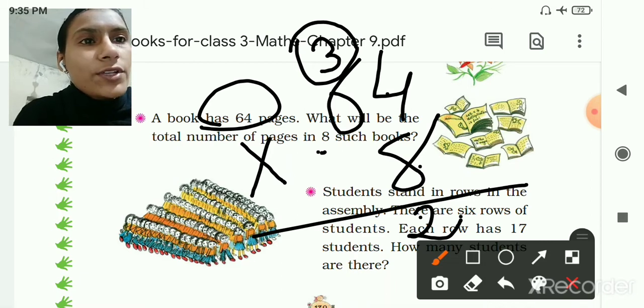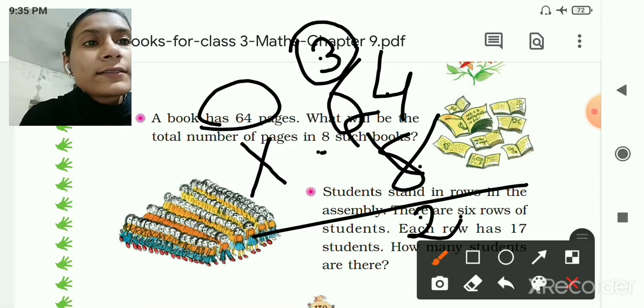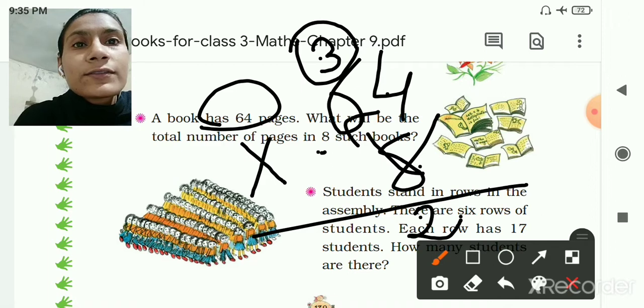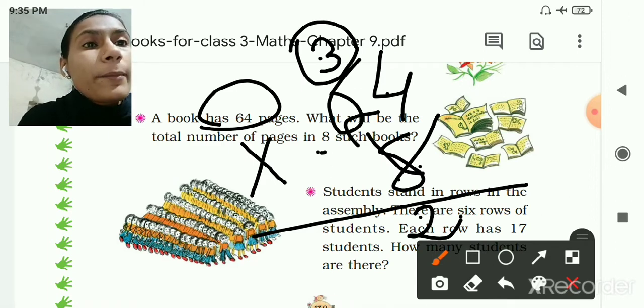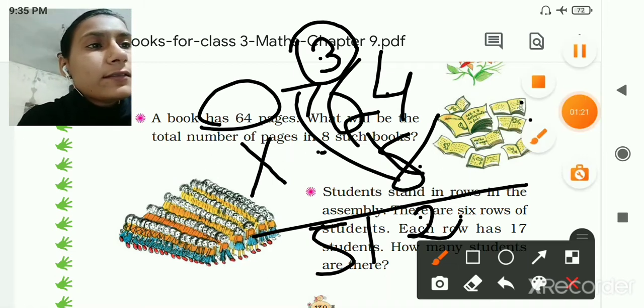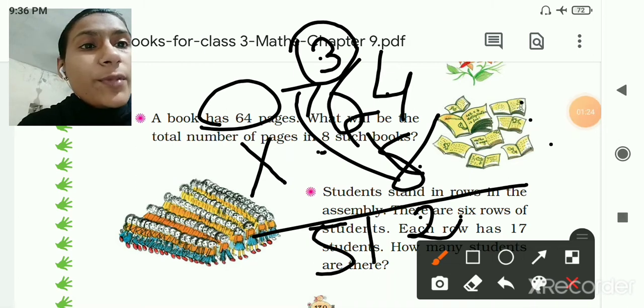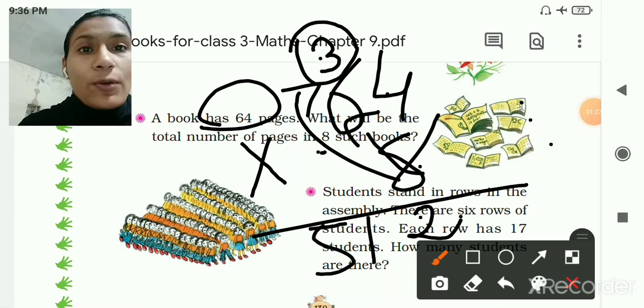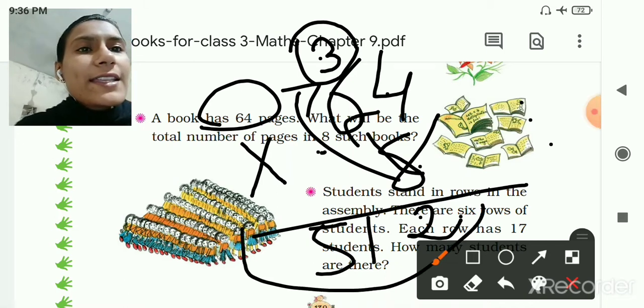Now 6 8s are how many? 6 8s are 48, plus 3: 48, 49, 50, 51. So 51. So what is the answer? 512. So the total number of pages in 8 books is 512. This is the answer.